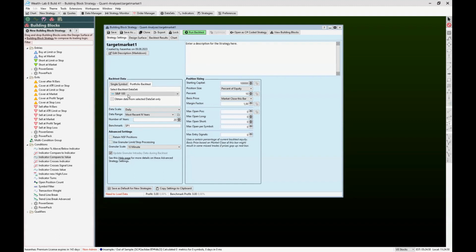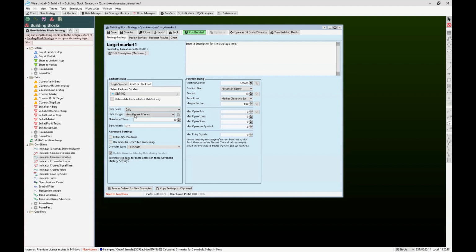I'm choosing the S&P 100 for this sample. So that means we are not trading the index or the future, we are trading all stocks in this S&P 100. You have here daily scale, end of day based trading, no intraday trading.